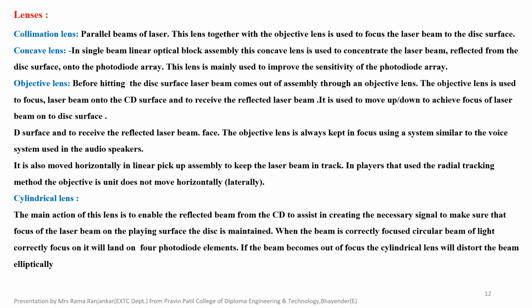Cylindrical lenses, the main function of this lens is to enable the reflected beam from the CD to assist in creating the necessary signal to make sure that focus of the laser beam on the playing surface of the disc is maintained. When the beam is correctly focused, a circular beam of light lands on the 4 photodiode elements. If the beam becomes out of focus, the cylindrical lens will distort the beam elliptically. Thank you.